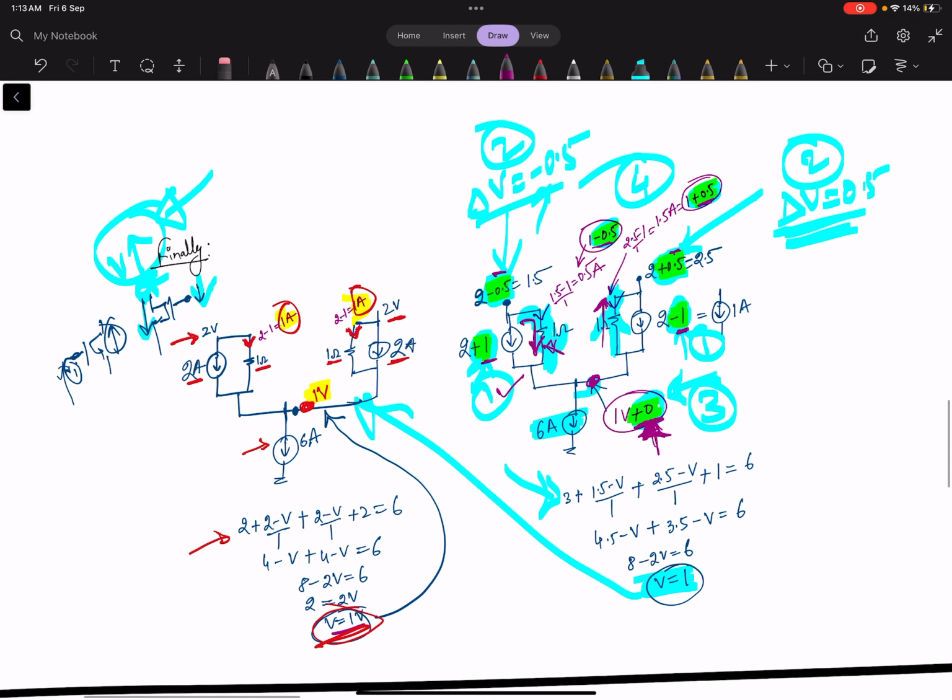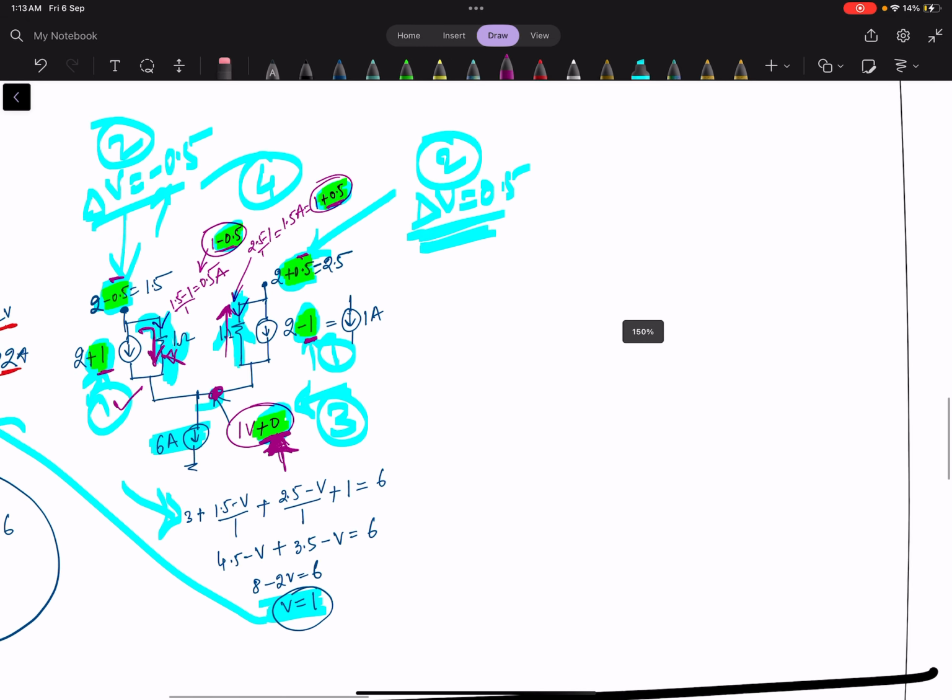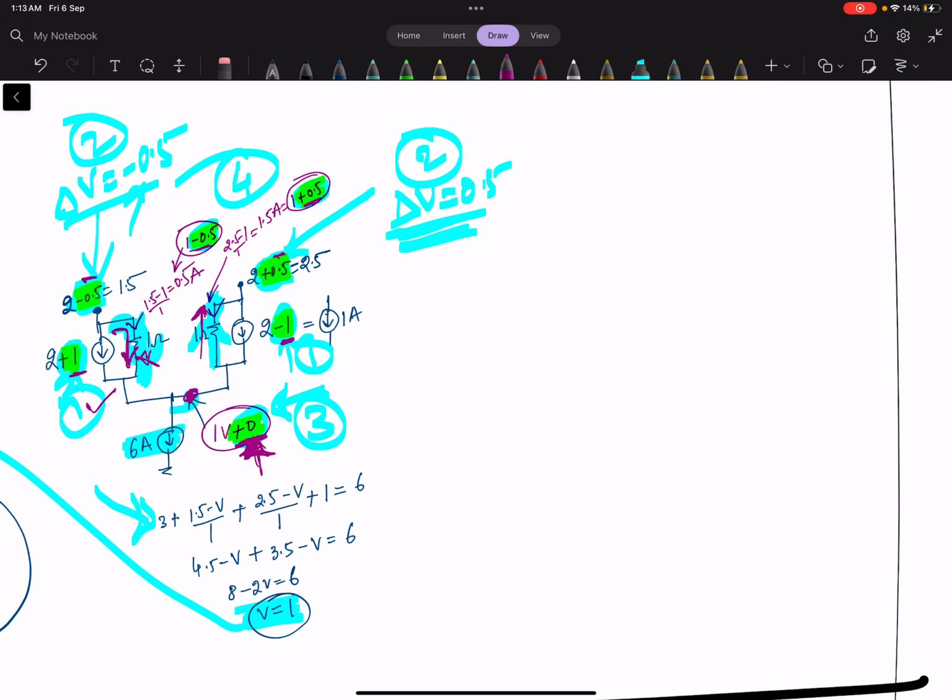If I draw only the changes diagram, the current is changed by 1 ampere, and the resistance has remained the same, 1 ohm.